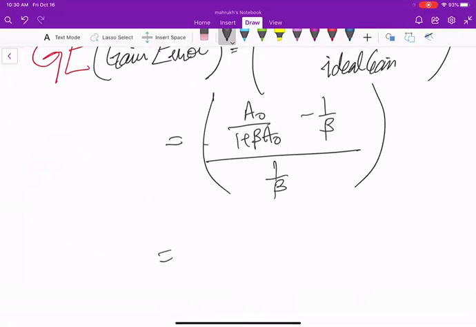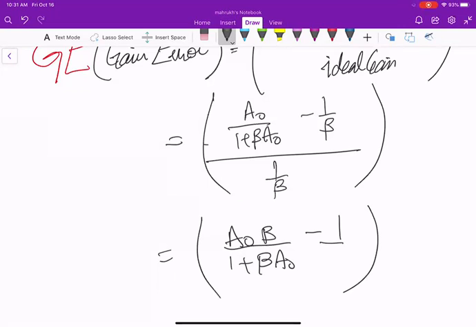If I just multiply with beta, it will be equal to A naught beta over (1 plus beta A naught), minus 1.